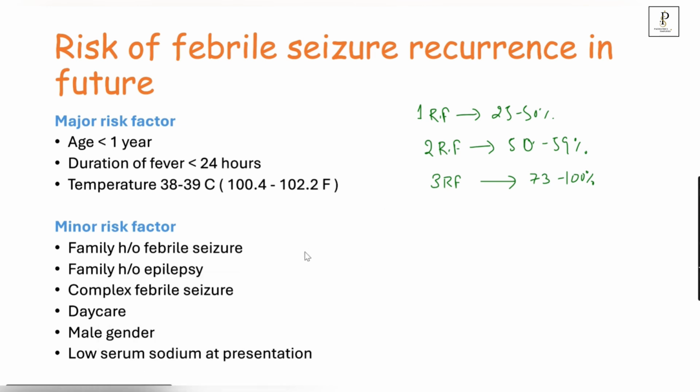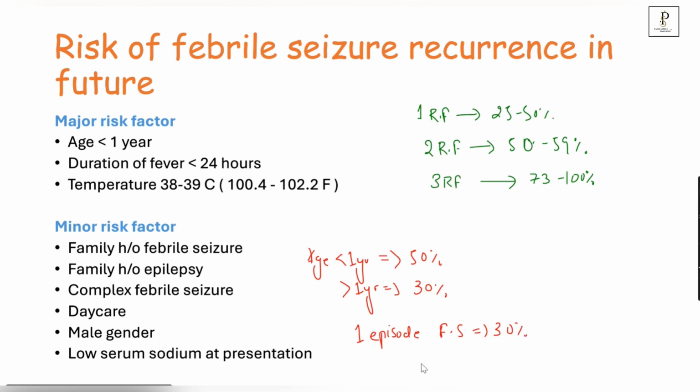If the age of the child is less than 1 year, then the recurrence rate is 50%. If more than 1 year, then the recurrence rate is 30%. Similarly, if one episode of febrile seizure, the recurrence rate is 30%.